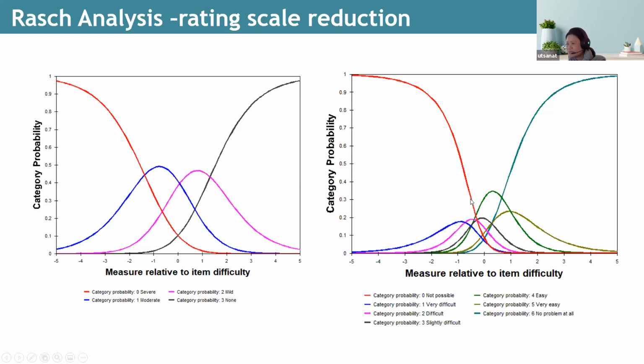If I find something like this, I tend to collapse the similar categories together. For example, very difficult and difficult, I just sum them up together, or easy and very easy, just to make the lines a little less messy. And then hopefully it can improve the look and also the categorization ability of that item.